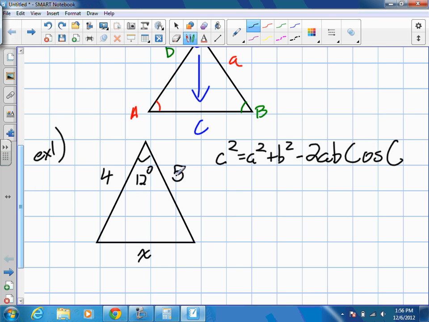If this side X is our unknown, we're going to call that side C, which means the 12 degrees becomes angle C, okay?